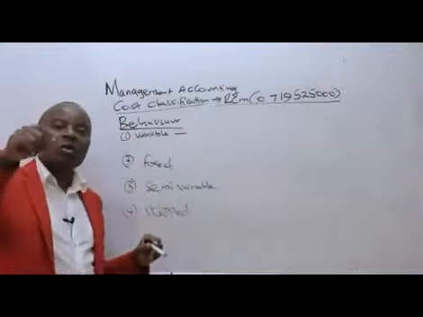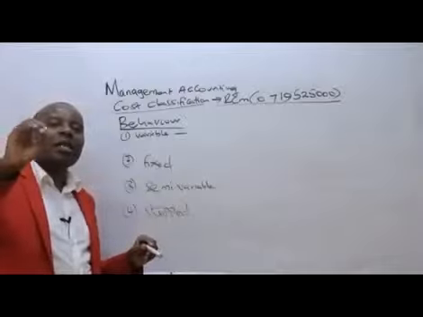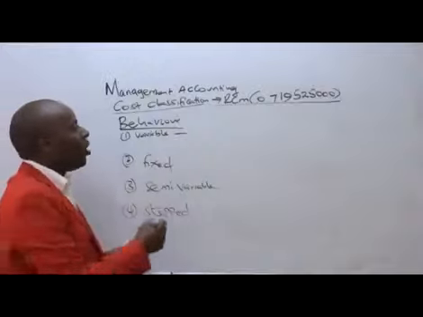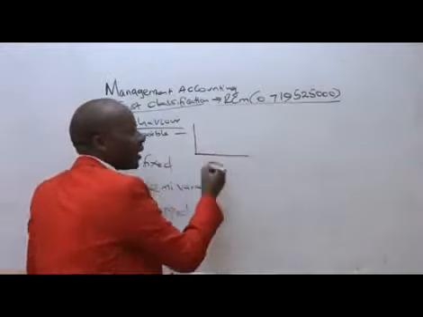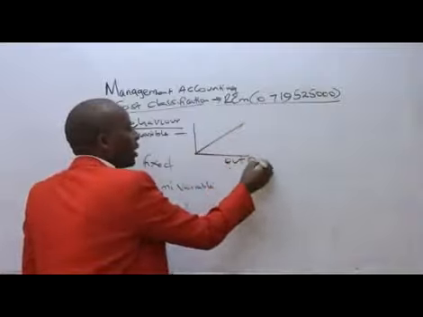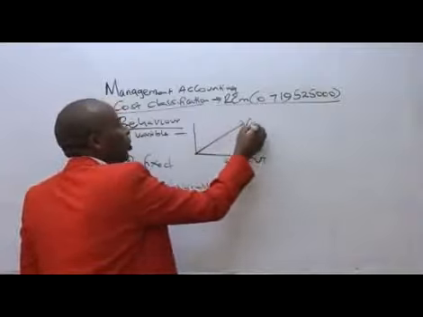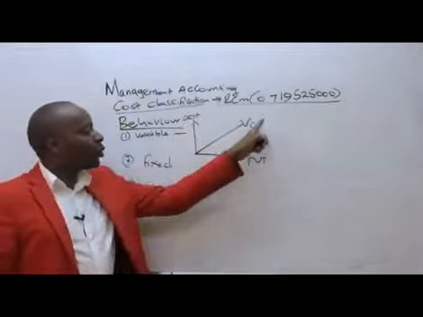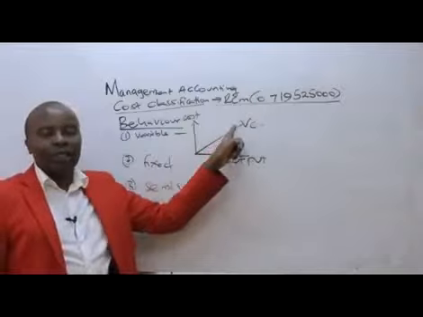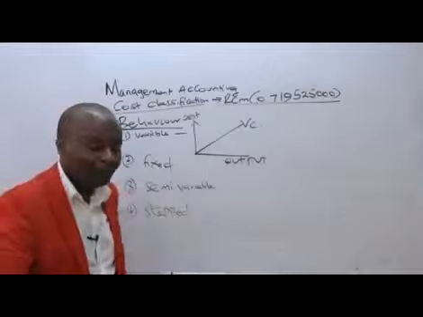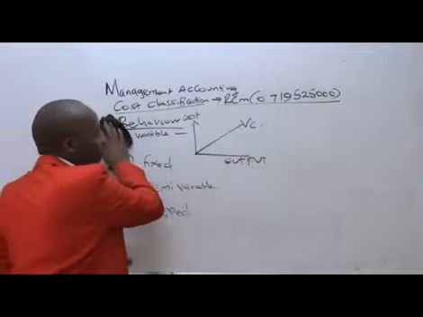These are those costs that change as the output changes, and normally they have a direct relationship. If this is output, then variable cost will behave like this. You can see as the output increases, variable costs are increasing. Great. So that is all about variable cost.